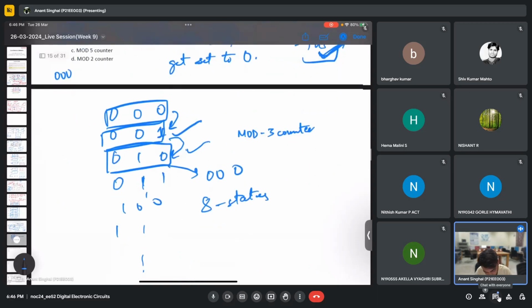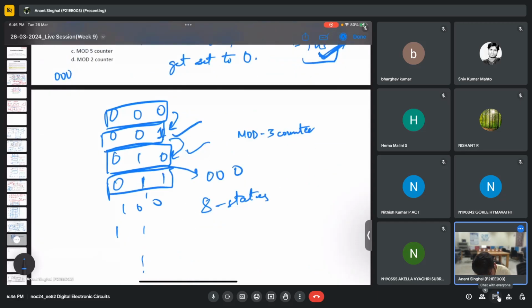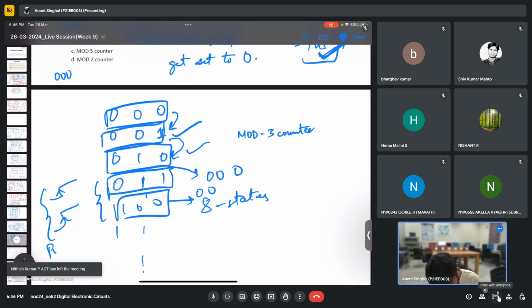So there will be two more states that will get counted, that is maybe 011 and 100, and then it will go to 000. So these two are because of that 1 nanosecond and 1 nanosecond propagation delay. Is it understood? It is quite complex, but it is very easy if you understand the problem. Is there any doubt in this, what I have just said?